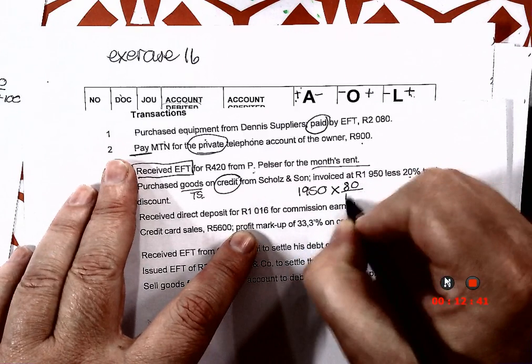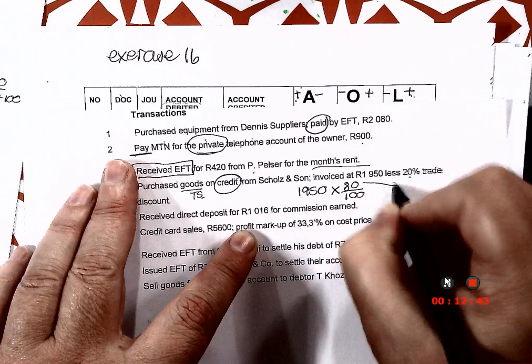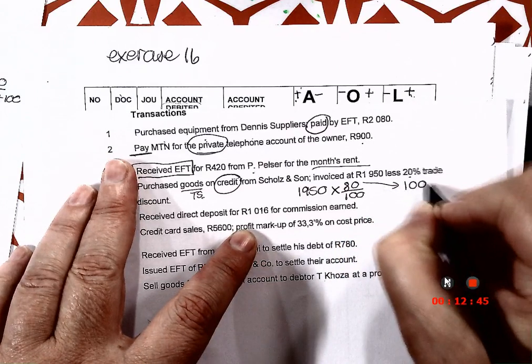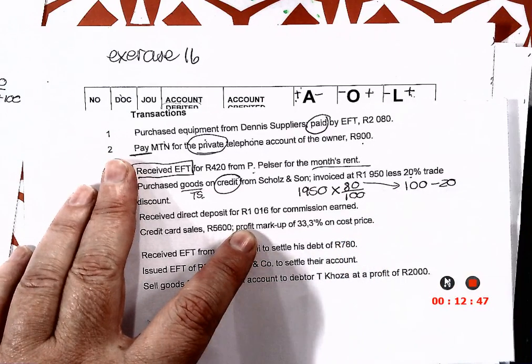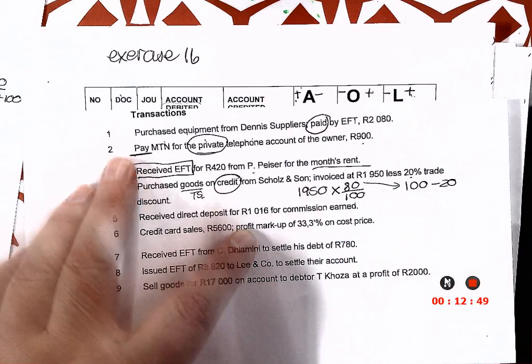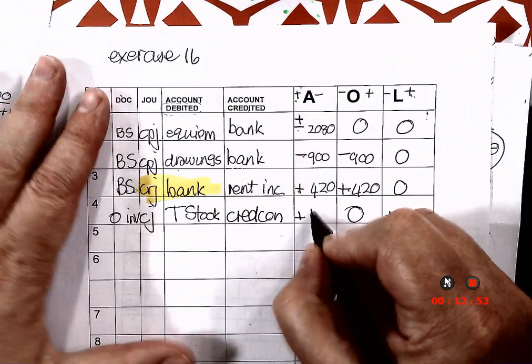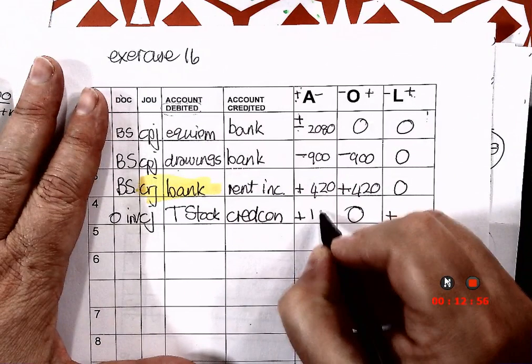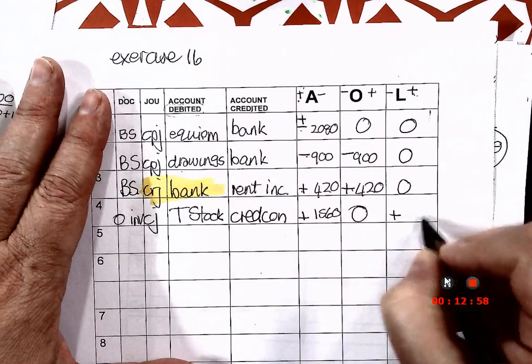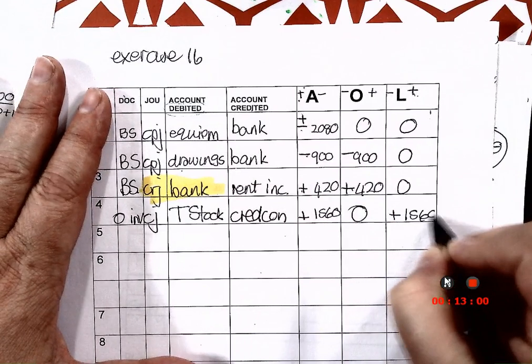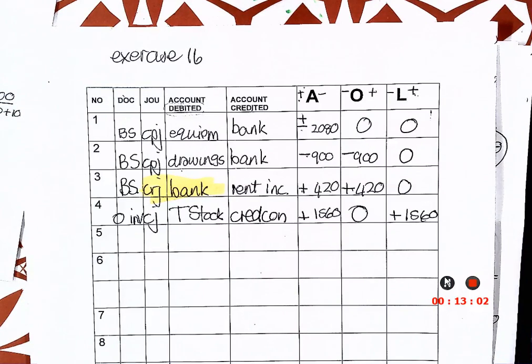I got that 80 by saying 100 less 20. So what am I actually owing? 1,560. Can you see? I'm not going to show the discount anywhere. I subtract it and I keep it there.